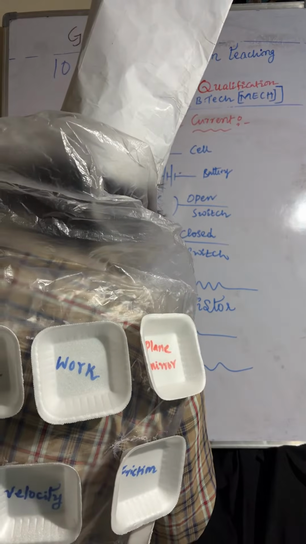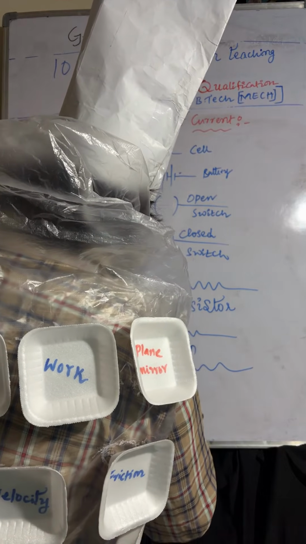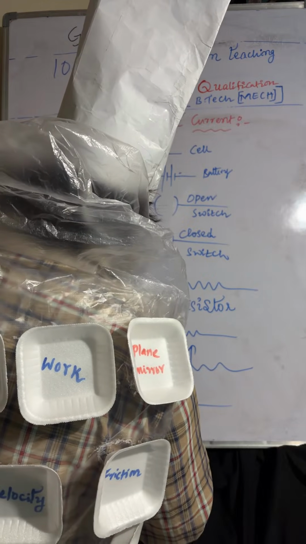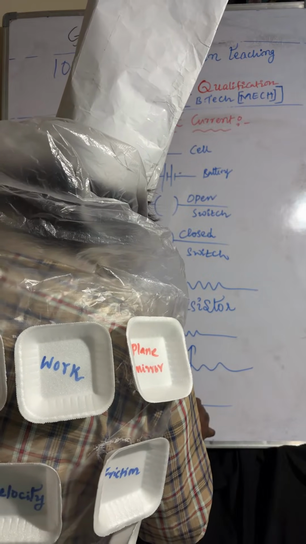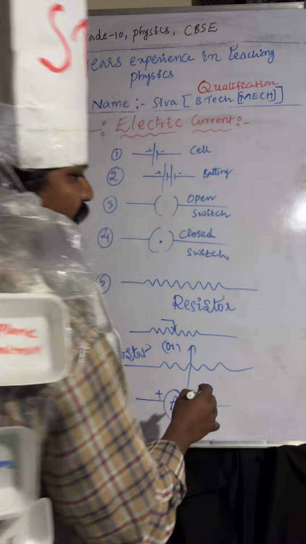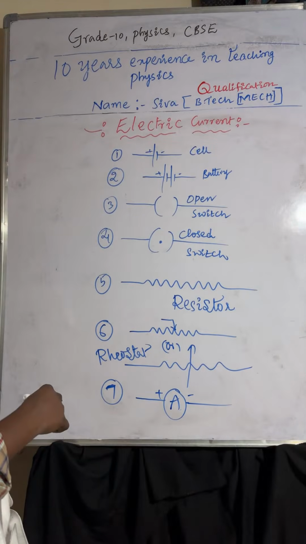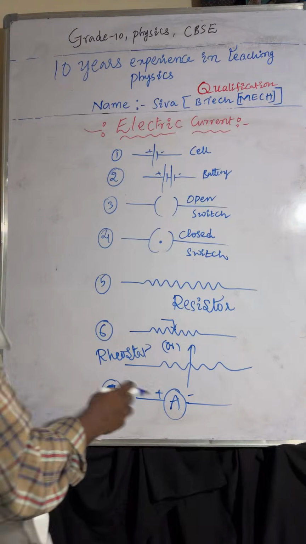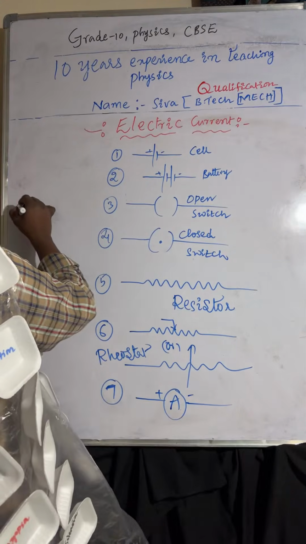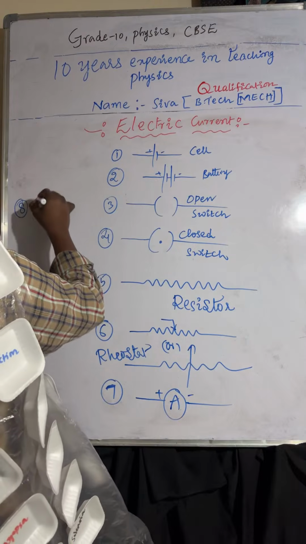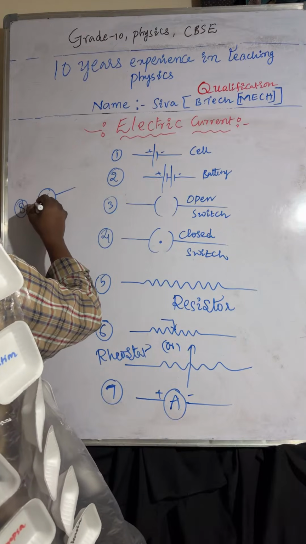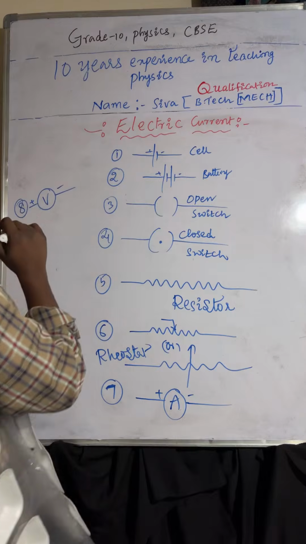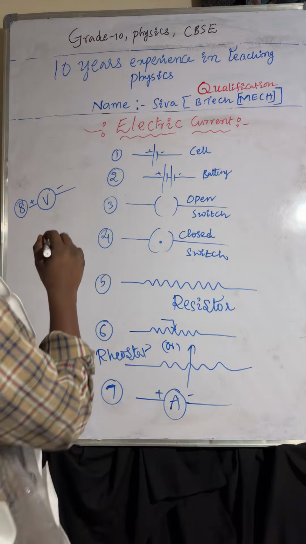Ammeter. So we can take this ammeter, with positive terminal and negative terminal. Ammeter is connected to the circuit to measure the electric current, in series combination. Coming to the eighth one, voltmeter. Voltmeter is a device used to measure potential difference, connected in parallel combination.